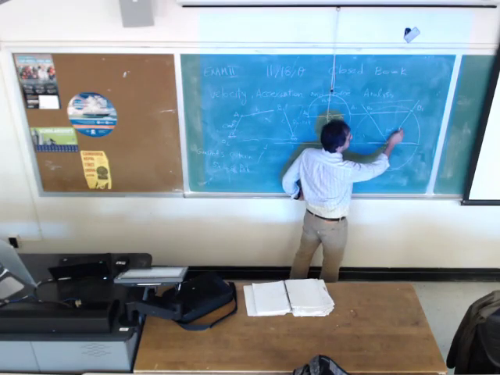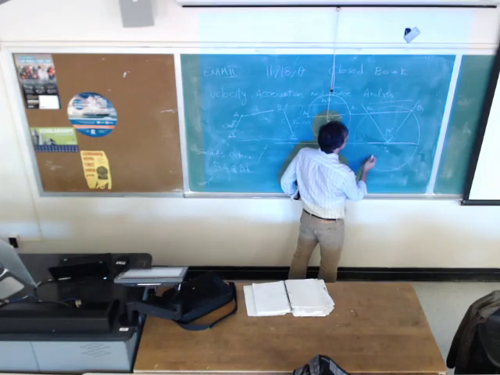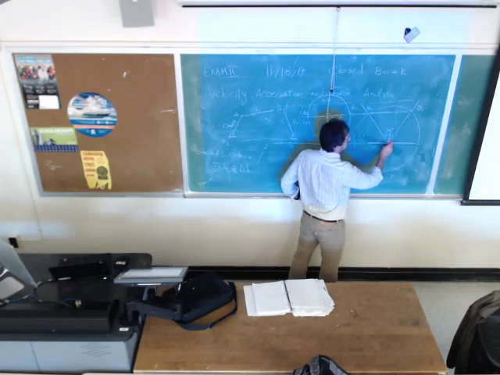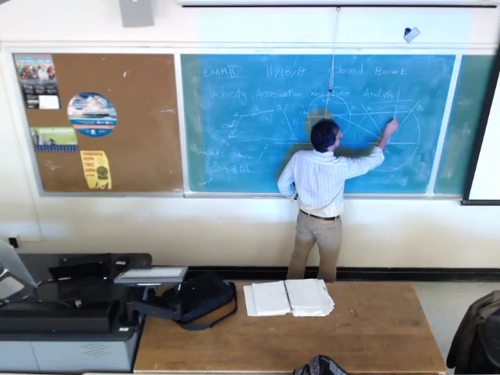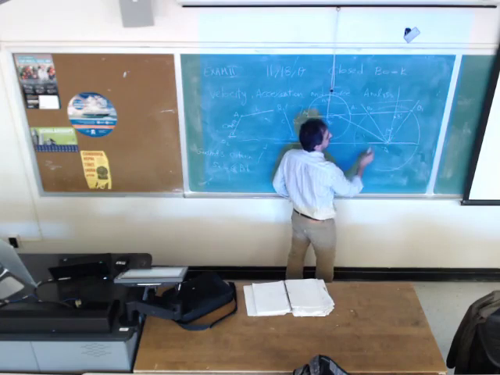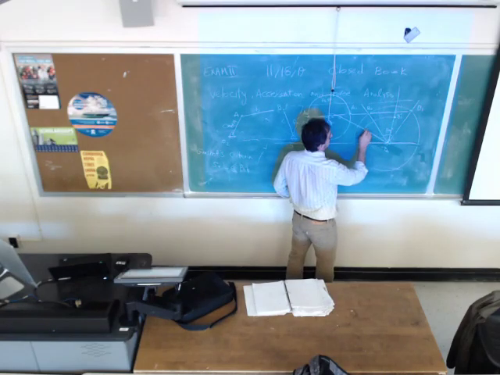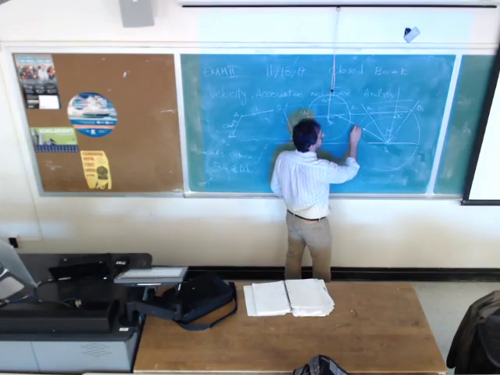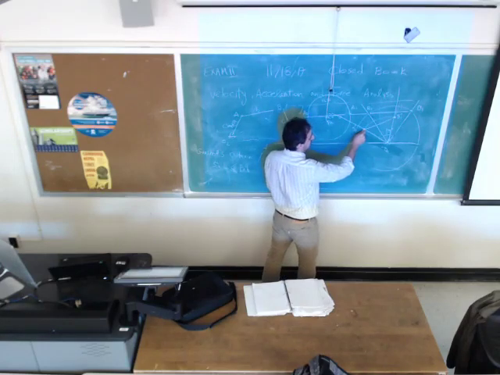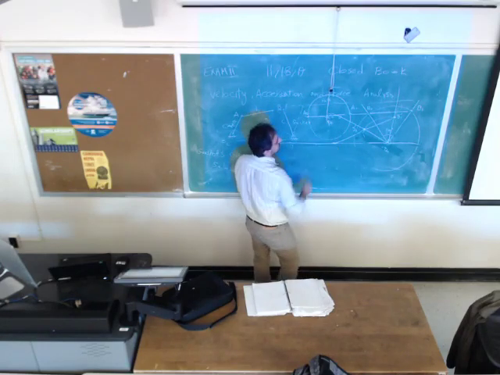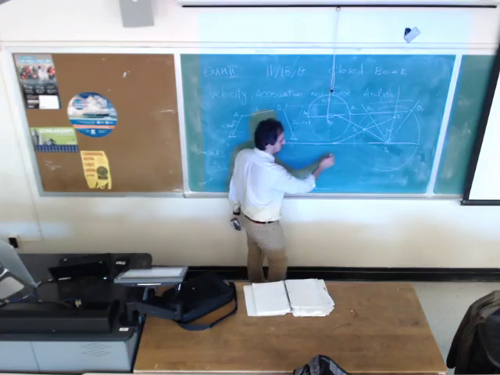For example, I pick this line instead of this line, and this line, then I pick this point as a new B1, B prime 1, and find the other B1 here, which is going to be B2. If I connect them and extend them, the intersection can be the location of O2.